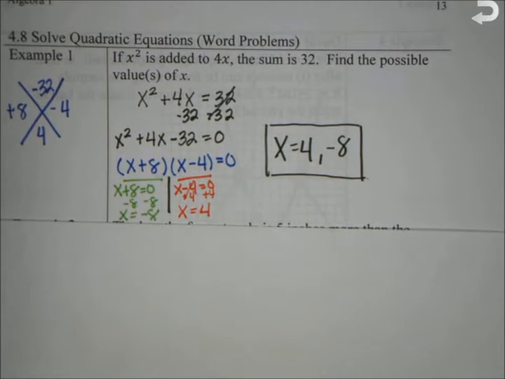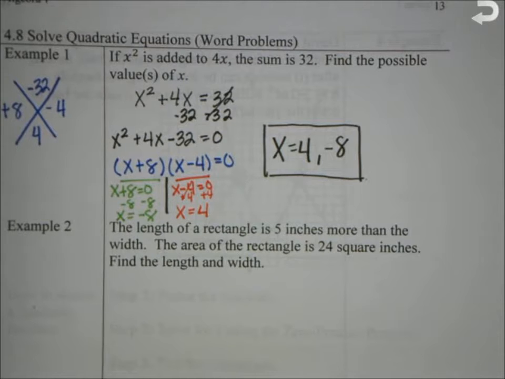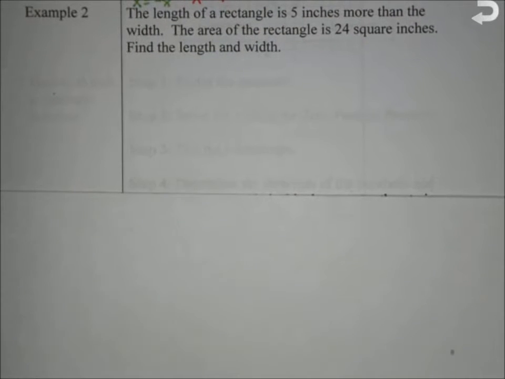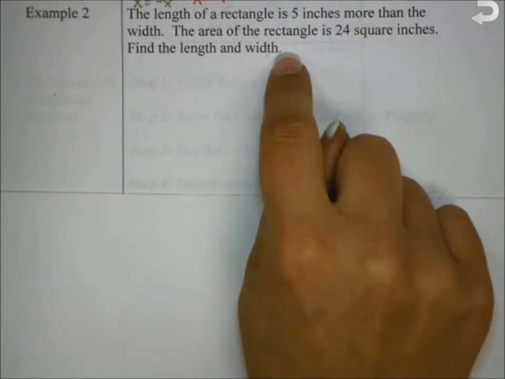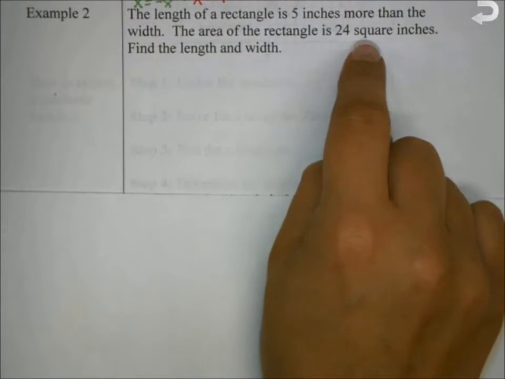Example 2. The length of a rectangle is 5 inches more than the width. The area of the rectangle is 24 square inches. Find the length and the width.